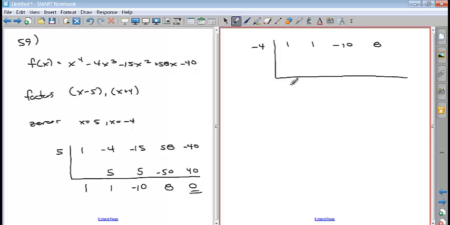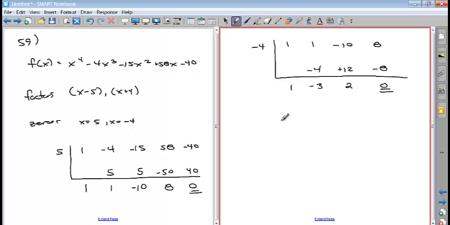Okay, so you bring the 1 down. Negative 4 times 1 is negative 4. 1 plus negative 4 is negative 3. That gives you positive 12. You get positive 2. Adding these two. Negative 4 times 2 is negative 8. You get 0. So that shows that negative 4 is another zero, or the factor is x plus 4.